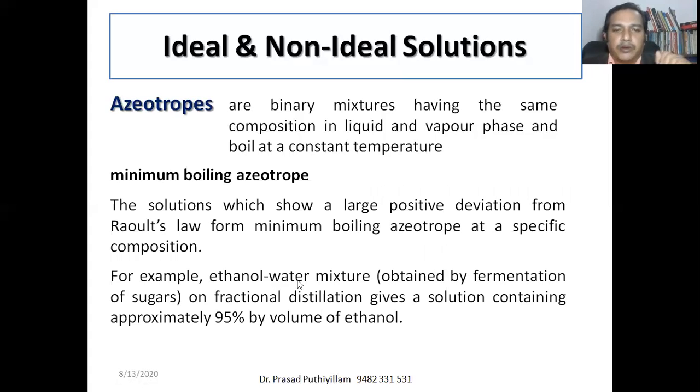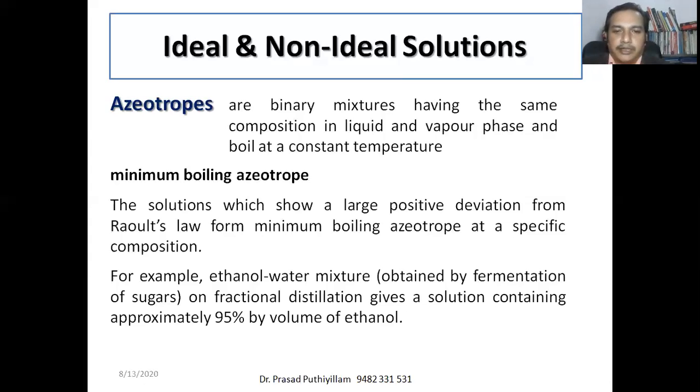For example, an ethanol-water mixture obtained by fermentation of sugar. On fractional distillation, the maximum purity of ethanol obtained is 95%. You know why this process is done, mainly to get alcohol.